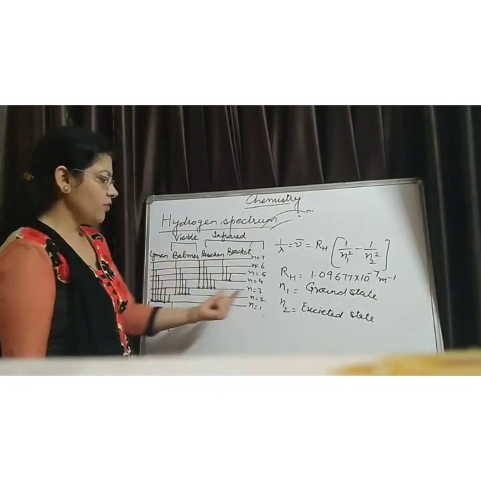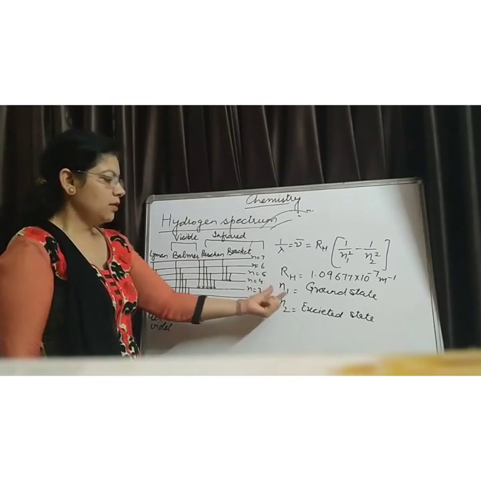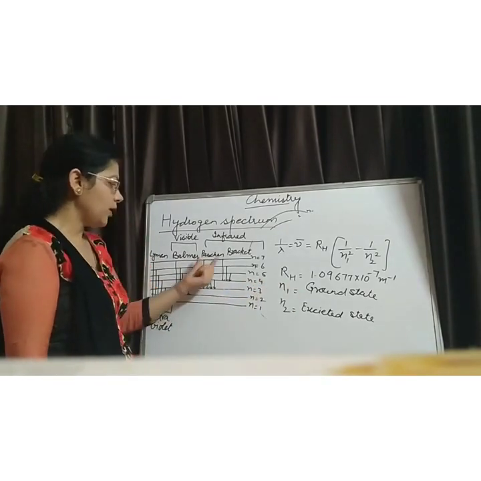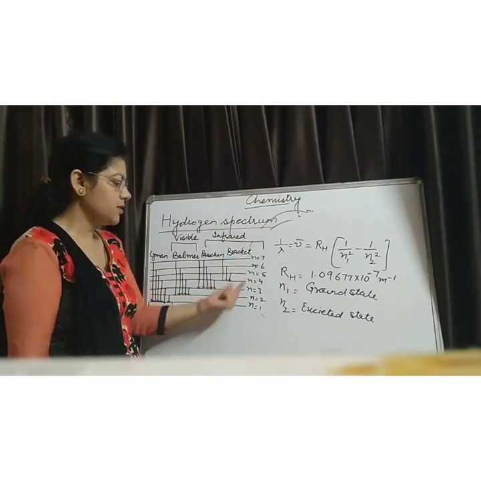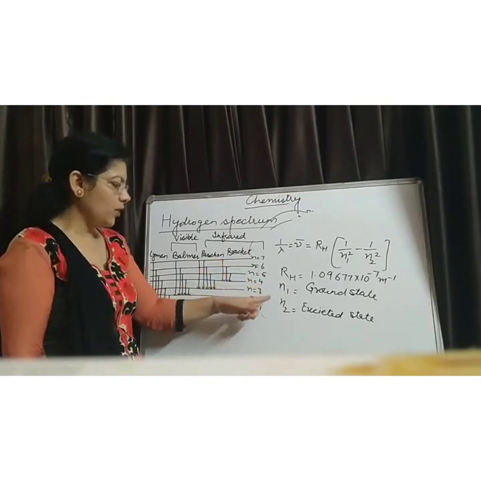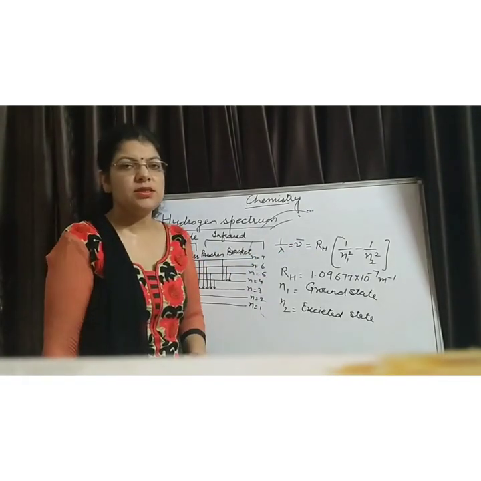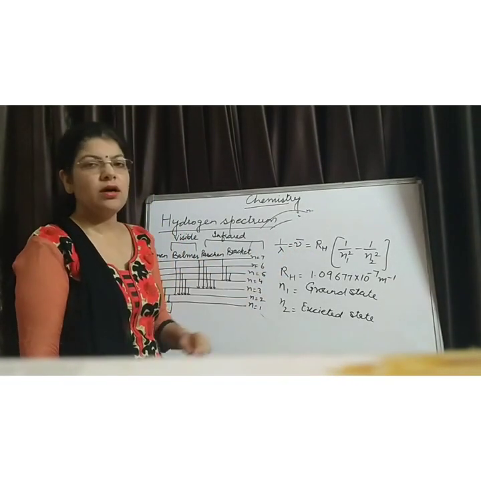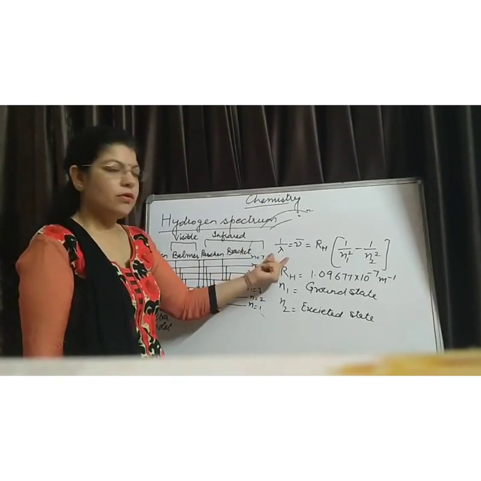In the Lyman series, the value of N1 is 1. In the Balmer series, the value of N1 is 2. In Paschen, the value of N1 is 3. Similarly, in the Brackett series, the value of N1 is 4. By putting in this formula, we can easily calculate the wave number of the radiations, or also the wavelength.